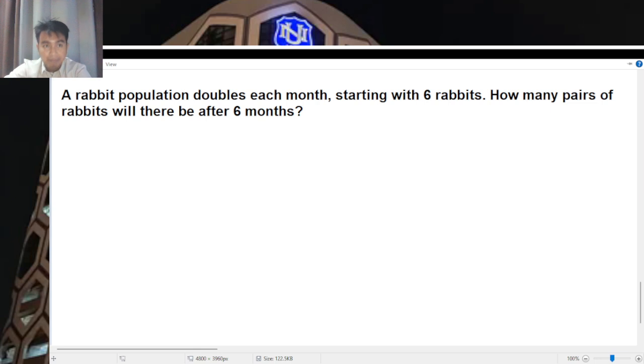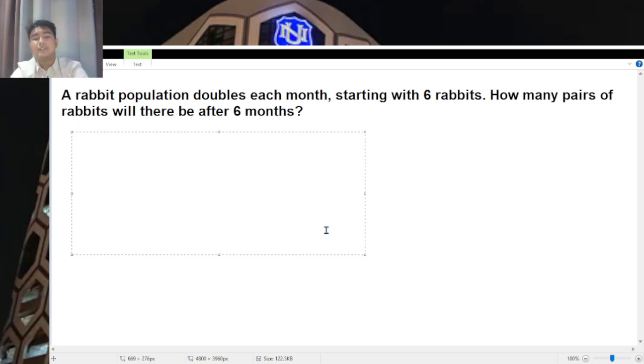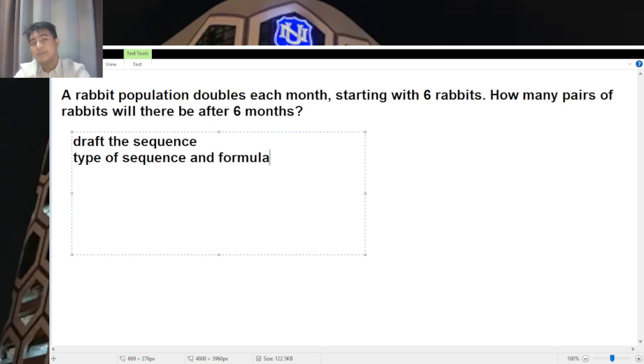So it's the same manner of answering. First, you can draft the sequence according to how it goes. It doubles every month. So therefore, maybe you can write it off on the first 3 terms, okay? And then type of sequence, and can you write its formula?